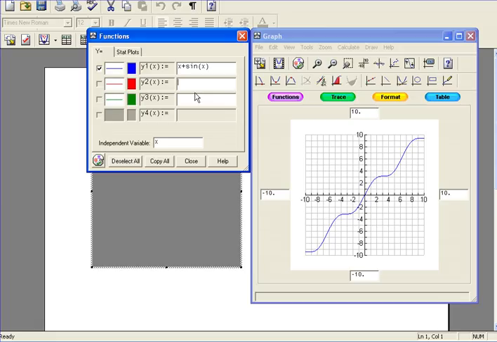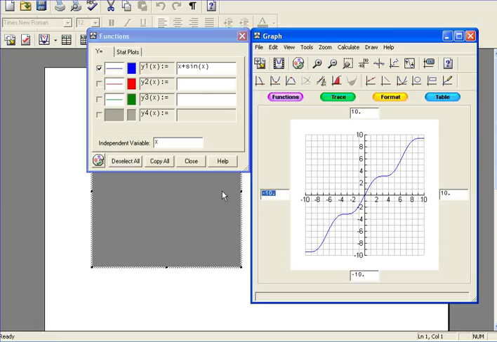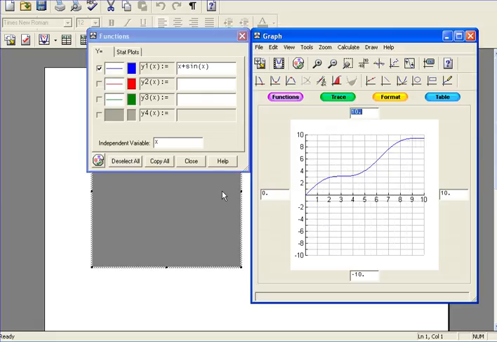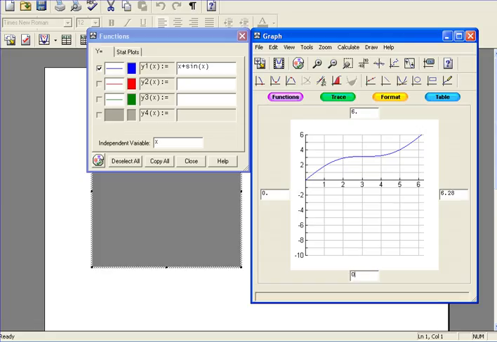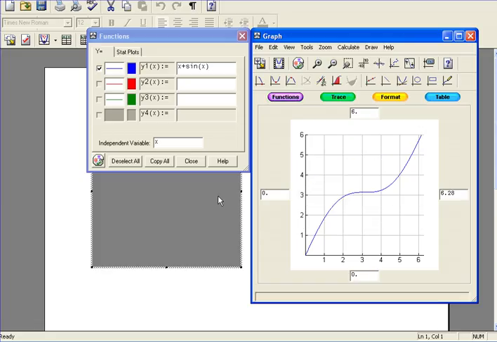Okay, and we want to look from 0 to 2 pi, so let's go 0 to like 6.28, close enough. And we wanted to find, what were we looking for? Where the derivative is 0. Okay, so we had a horizontal tangent line.